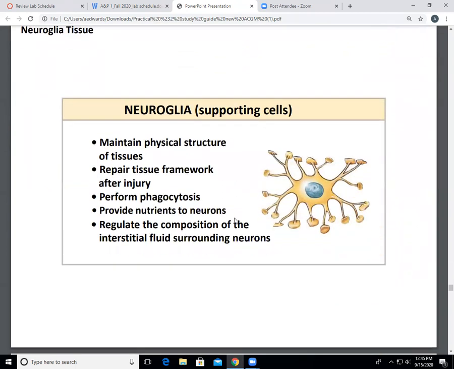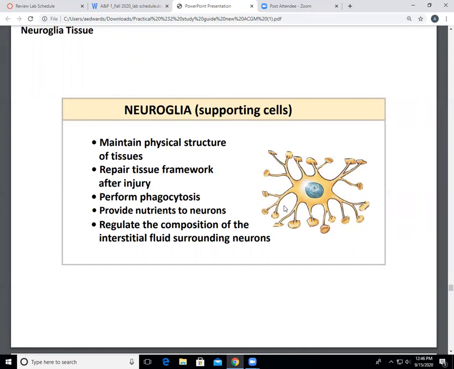Okay, your other type of tissue in the nervous tissue is the neuroglia. And they support the neurons. Okay? So what do they do? They maintain the tissue's physical structure. They repair the tissue framework after injury.